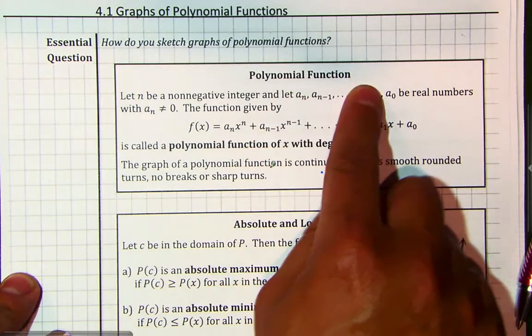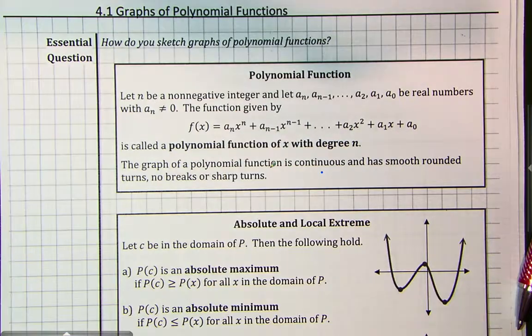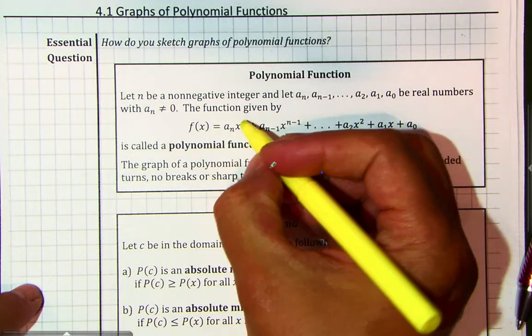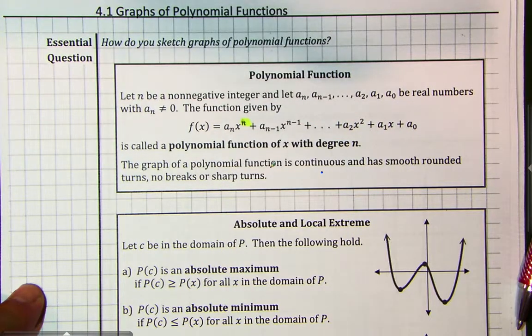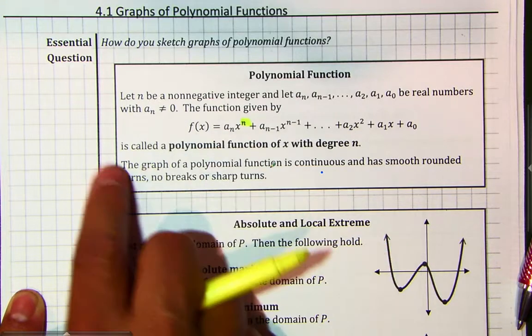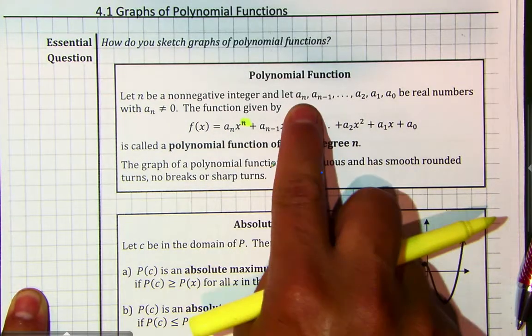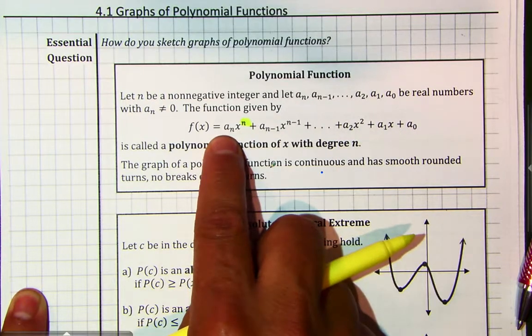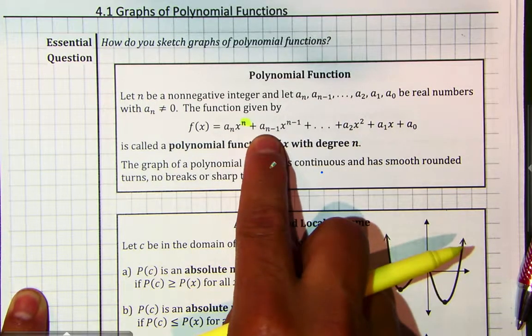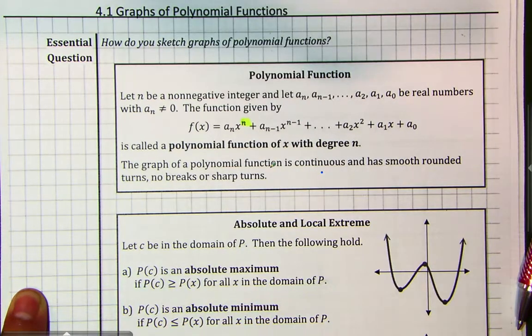Polynomial functions. Let n be a non-negative integer, where n is our largest exponent. We don't want it to be negative. We also don't want it to be 0. And we are letting a sub n, a sub n minus 1, down to a sub 2, and so on, be real numbers.